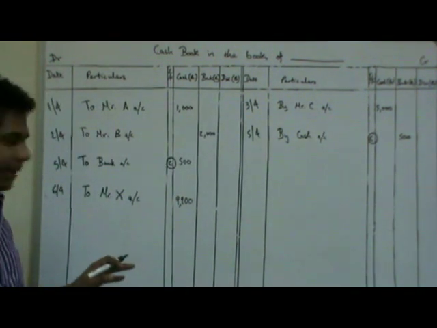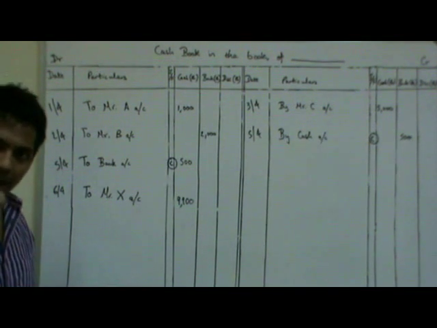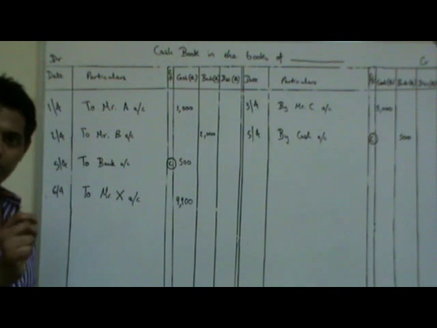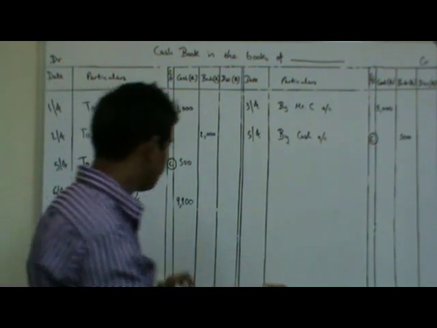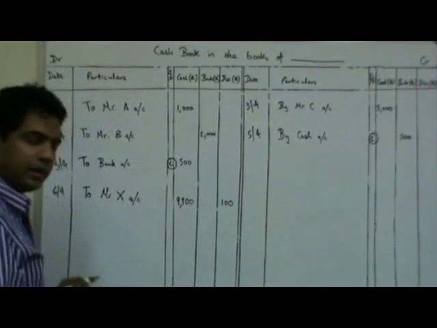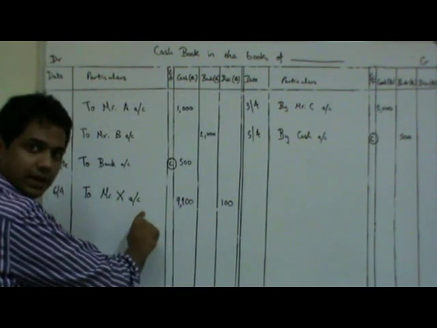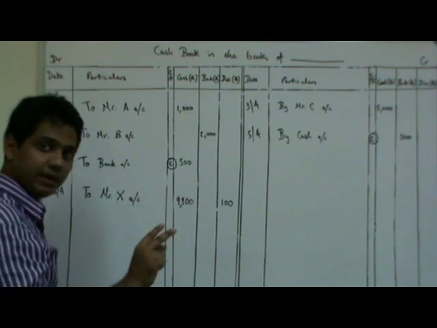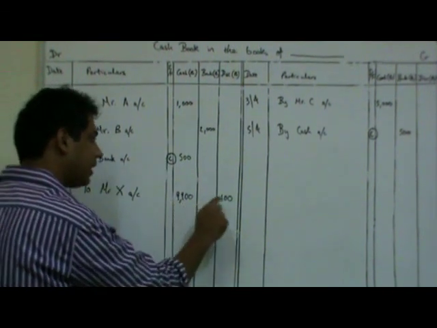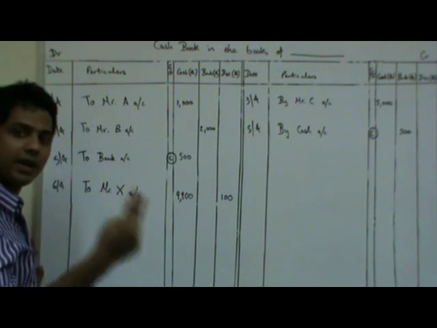Now the problem is that Mr. X has to be credited with the whole 10,000. So the balance rupees 100 needs to be debited to discount account. So we put it here. This is one line, and on that same line with one entry we have simultaneously debited cash and discount. So Mr. X gets credited by 10,000.